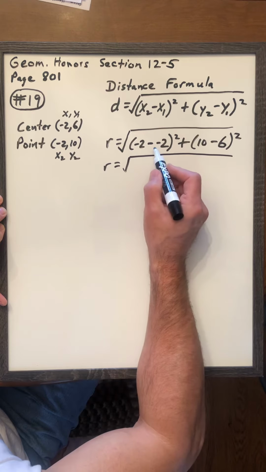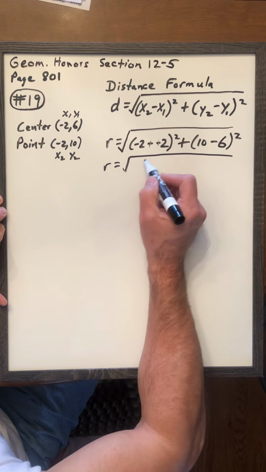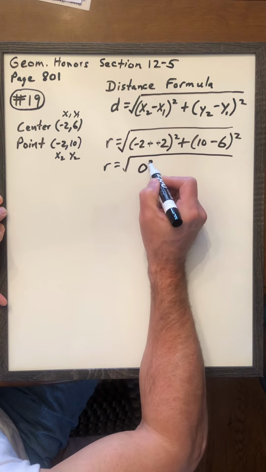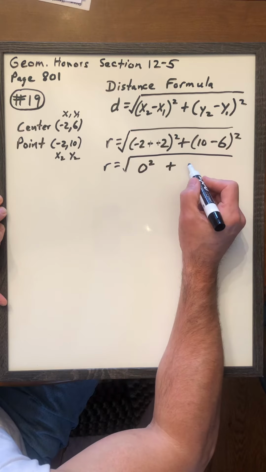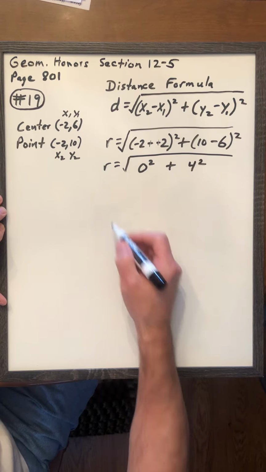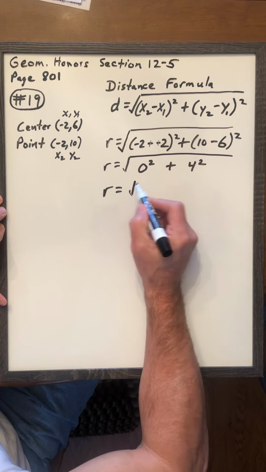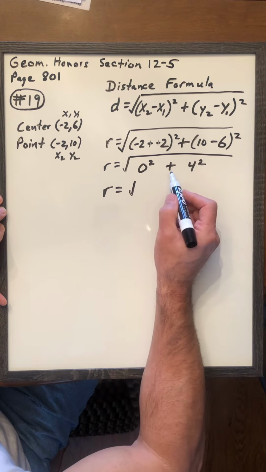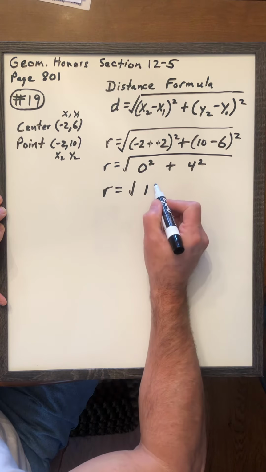-2 minus a negative -2 becomes plus positive, so that ends up being 0 squared, plus 10 minus 6, which gives me 4 squared. Now I can simplify. 0 squared is just 0, and 4 squared is 16.